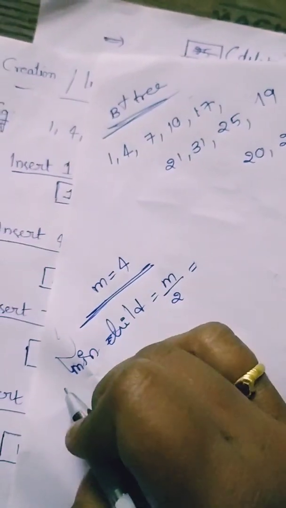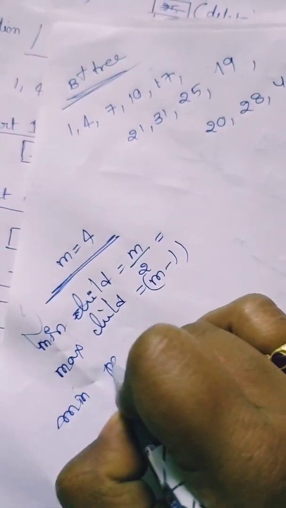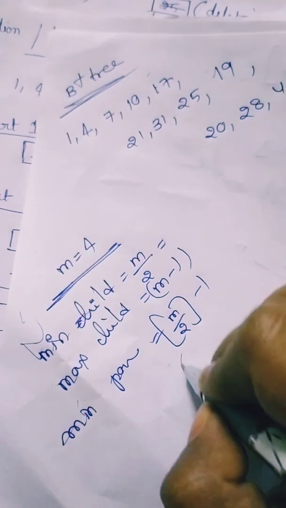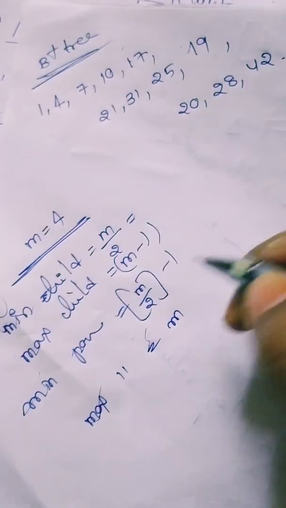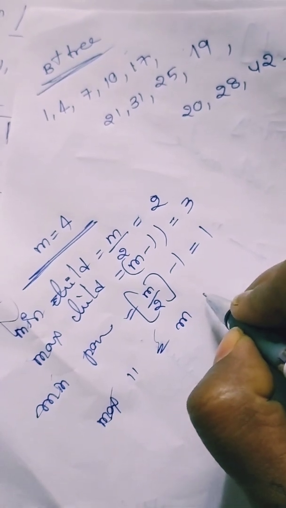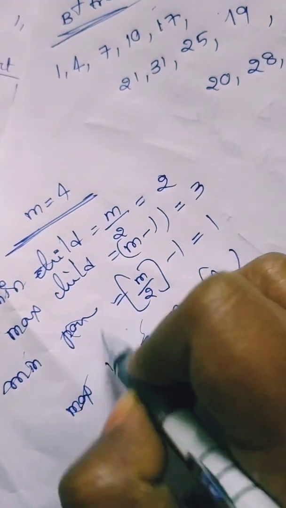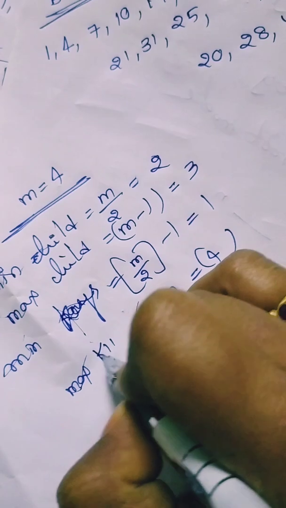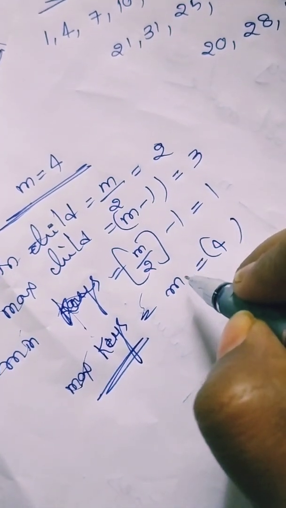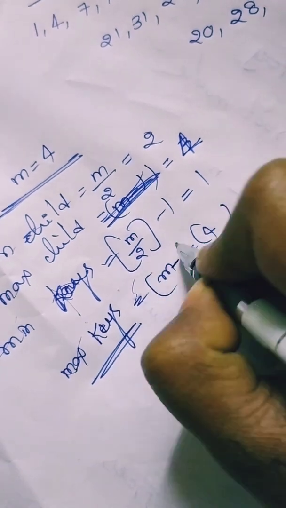Actually, I have missed a point. Here the pointers and children are equal, so children are m, that is 4, and keys are m minus 1.